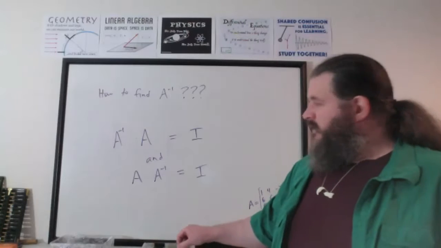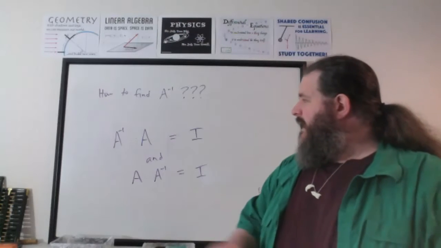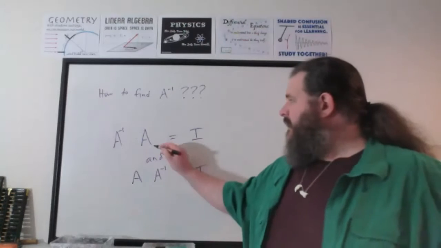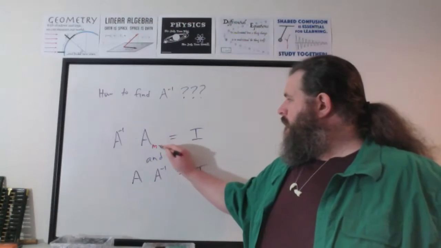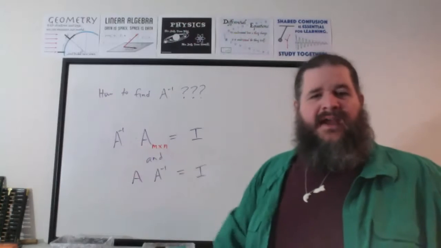So if we look at this in terms of dimensions, let's say A has dimensions m by n. In that case, what would the dimensions of A inverse have to be?